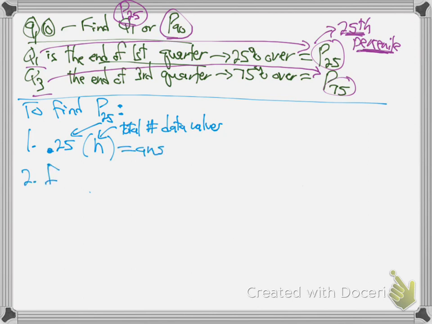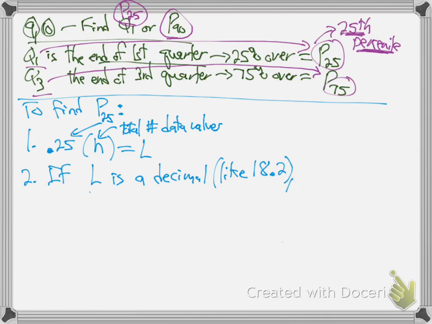Now we're not done yet. Let's say you get a spot. Here I'm going to call it L, for locator. If L is a decimal, like 18.2, round up.